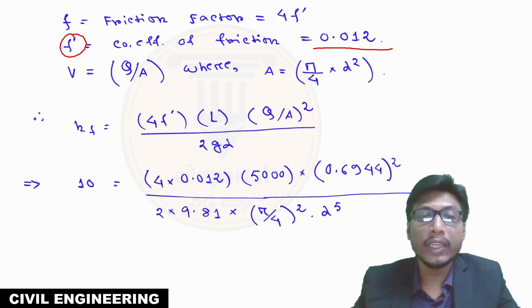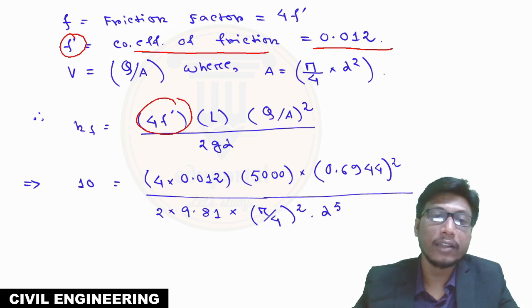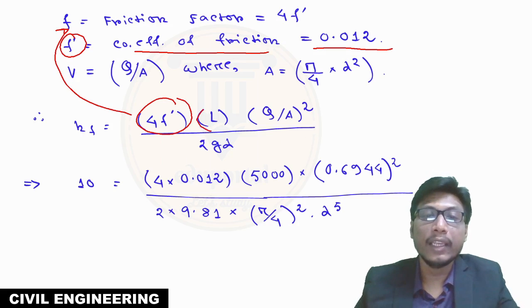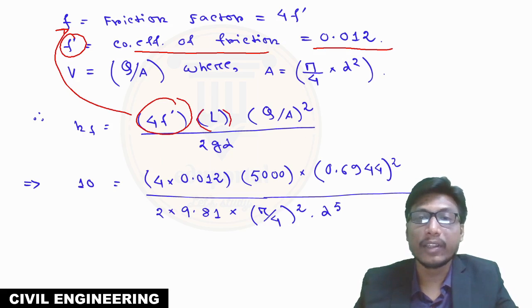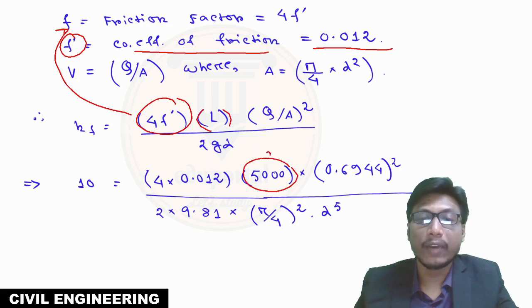So we have to use 4F dash, because 4F dash is equal to F, the friction factor. Now L, you know, is the distance between reservoir and town, and its value is 5 kilometer, that is 5000 meter. And F dash is the coefficient of friction, that is 0.012.